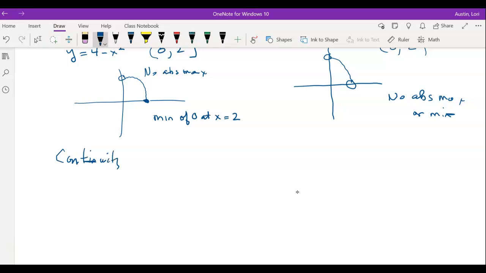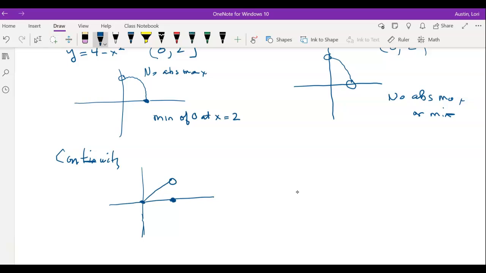Because remember, the definition said the function just has to be defined everywhere on the interval. So let's suppose I had a function that, I'm just going to draw this function, right? So remember these discontinuous functions where you go along, you go along, and then you have a hole, but you've got to jump. So the function is actually defined on the interval.